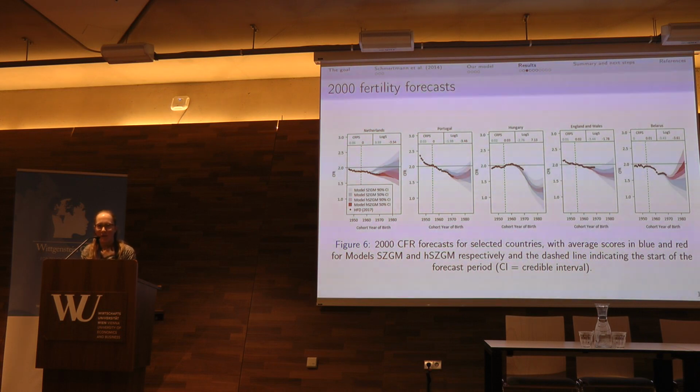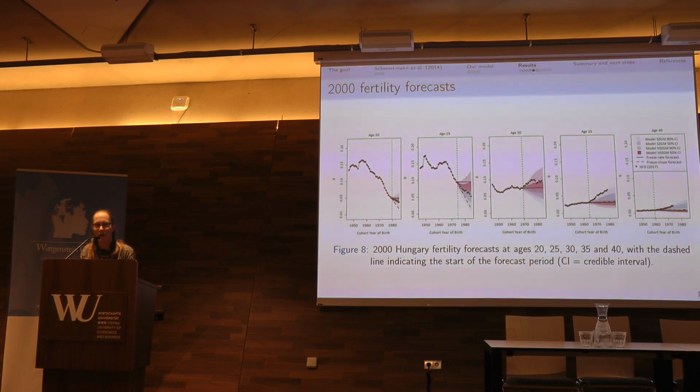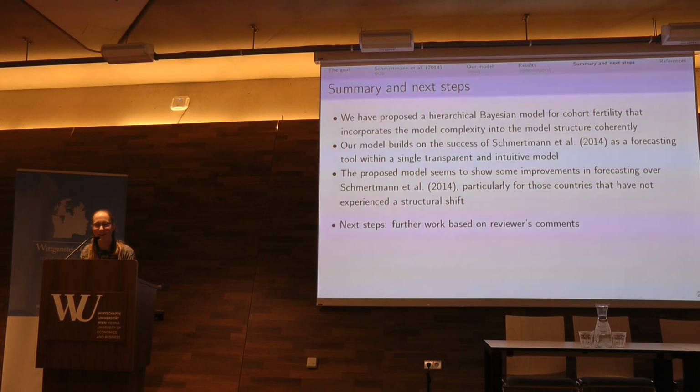So you can see, for example, in the Netherlands, the points are following our credible interval, whereas Schmertmann's kind of diverges away from them. And then Portugal, we also do quite well. The next two, Schmertmann does a lot better. And then for Belarus, on the right, we do roughly the same, and then the intervals diverge at the end. So I'll just skip through the 2010 forecasts.